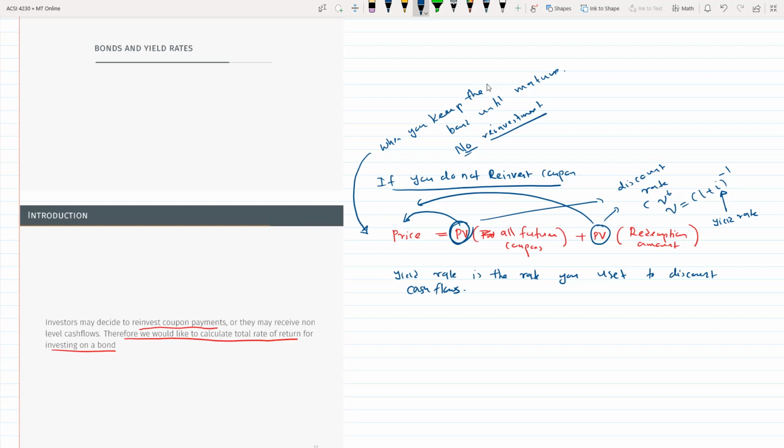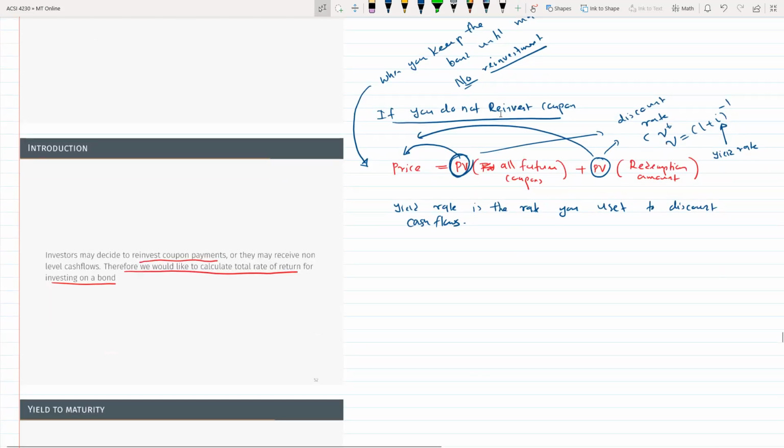The approach would be to use the general formula: future value equals present value times (1+i) to the t.